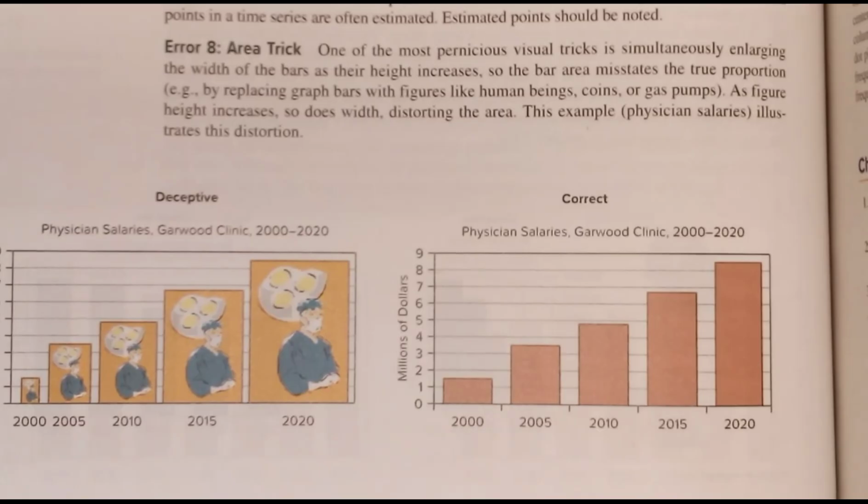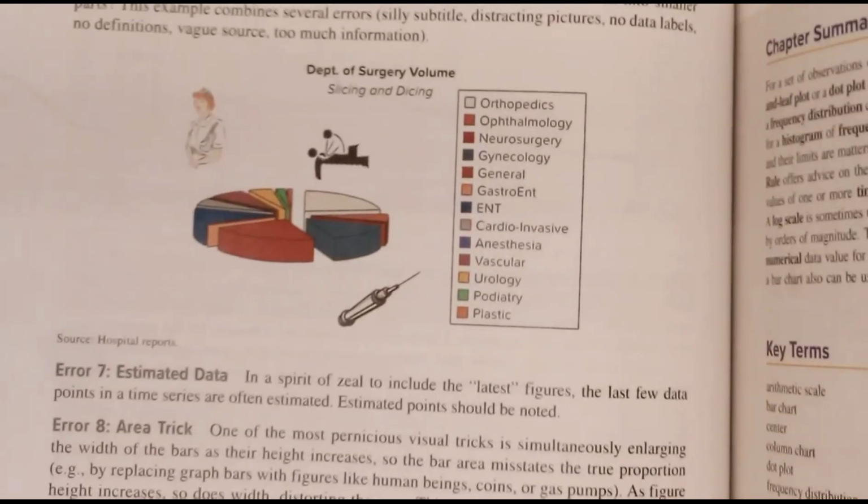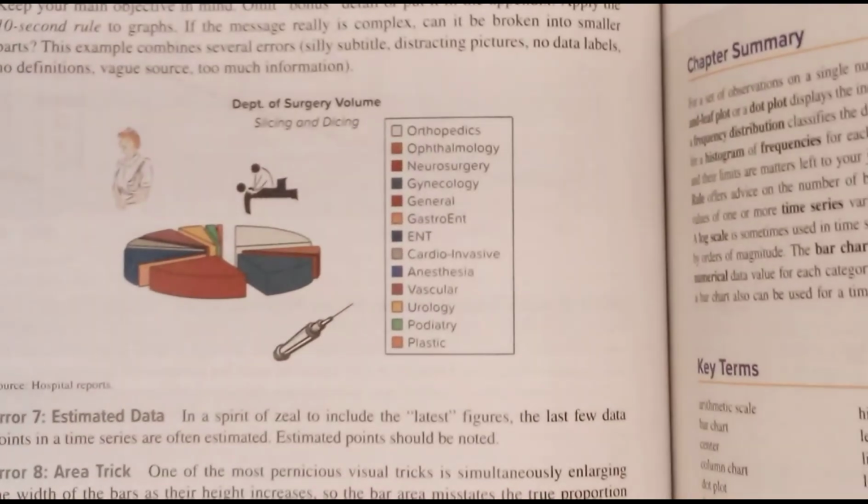I need to make sure I have good sources. Where did this data come from? Well, this one happened to tell me. Did this one? Nope. So where's it coming from? If I'm estimating something, I need to make sure I mention this is an estimate. If I'm rounding, especially with percentages, I might add up to more than 100%.